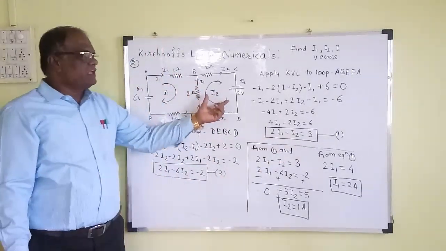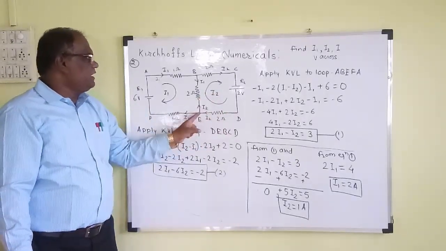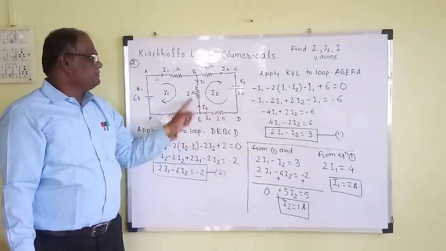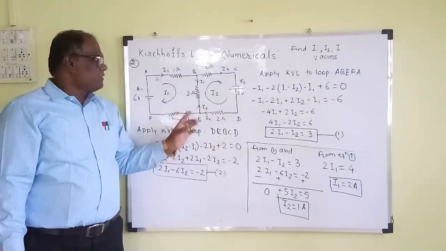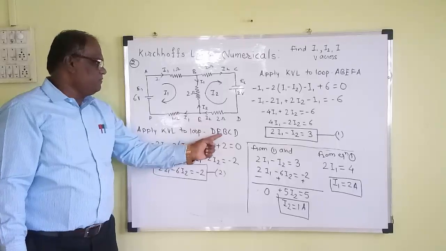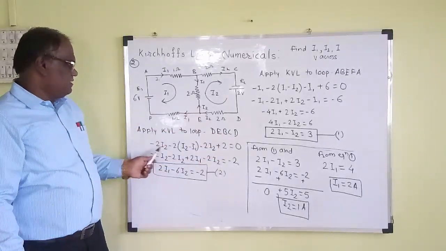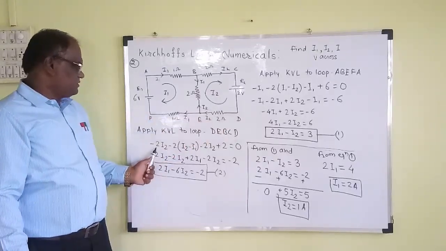Now choose another loop. I am choosing the loop DEBCD, that is in the direction of current I2. DEBCD. See here. From D to E, minus 2I2.